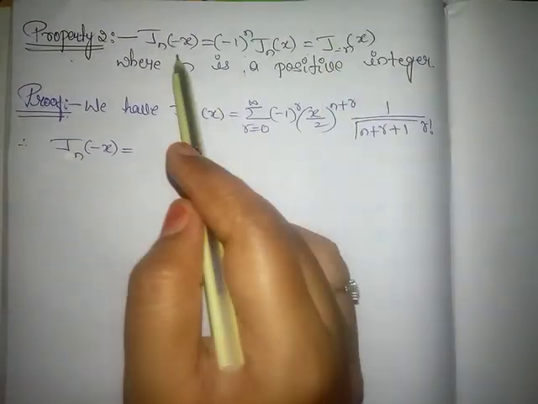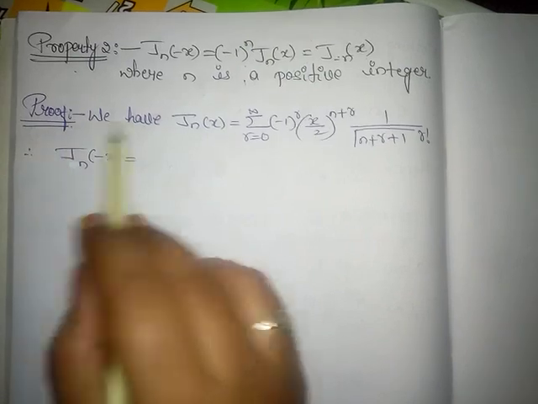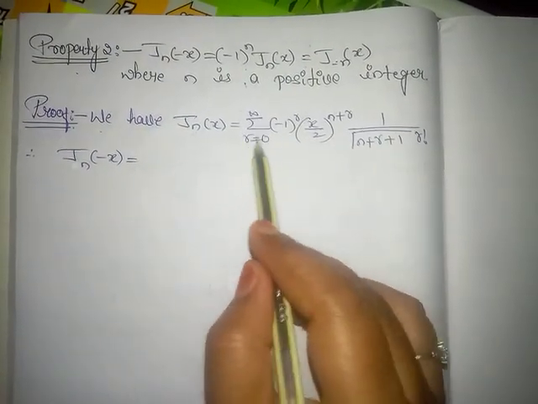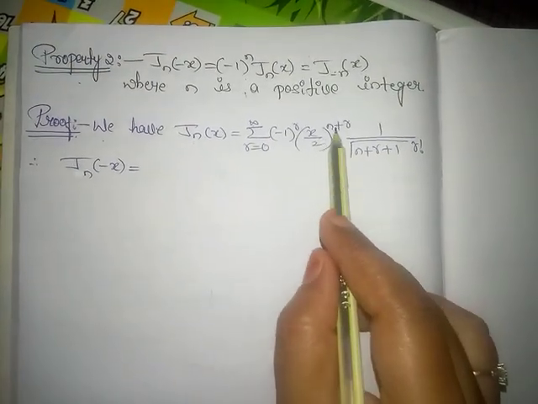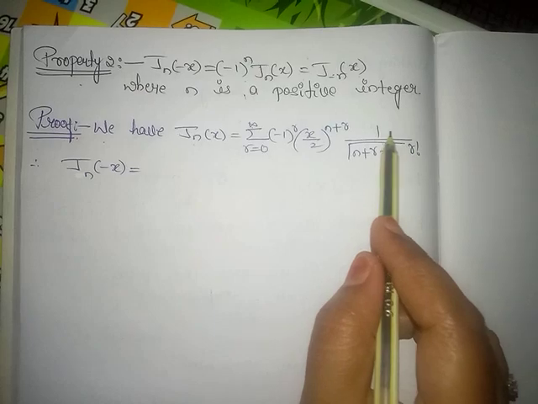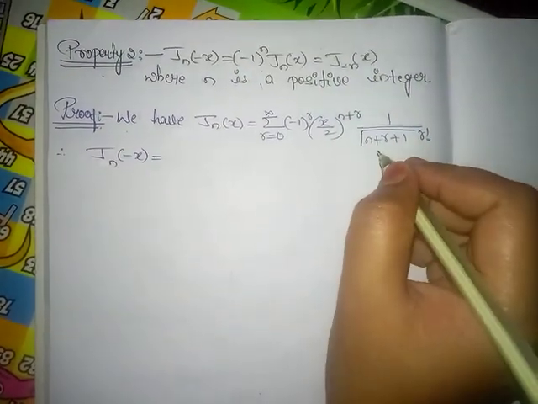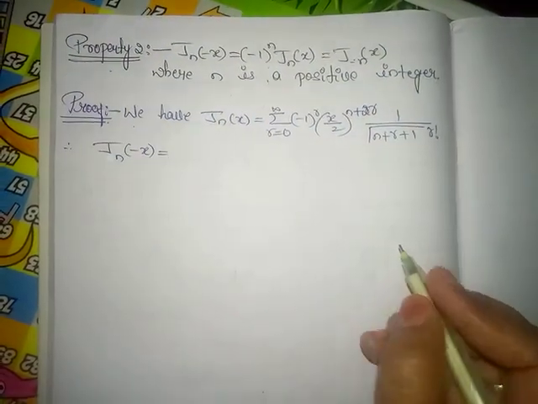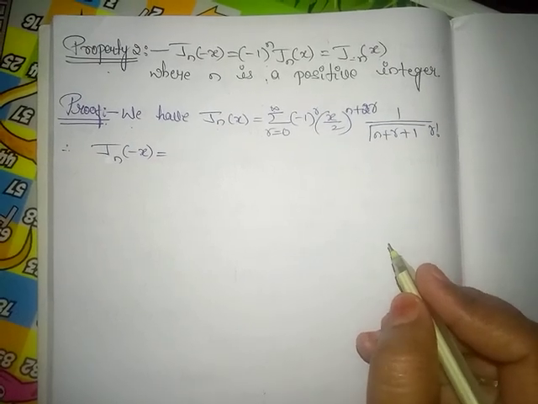For that we have the Bessel function Jn of x equal to summation r running from 0 to infinity minus 1 raised to r, x by 2 raised to n plus 2r, 1 divided by gamma of n plus r plus 1 into r factorial.